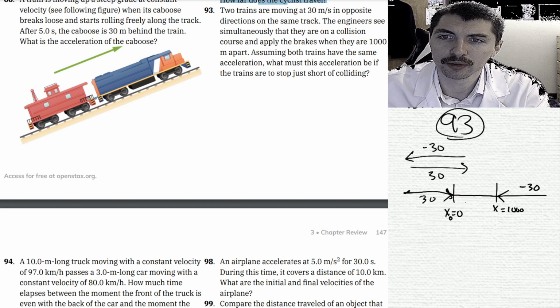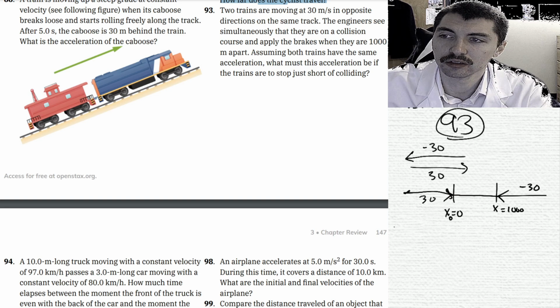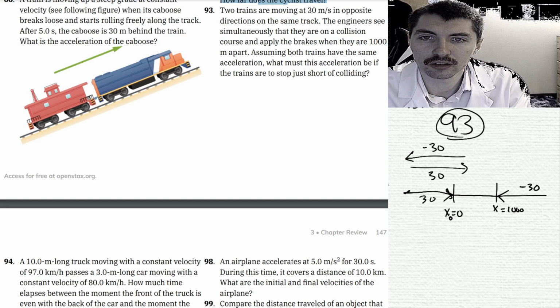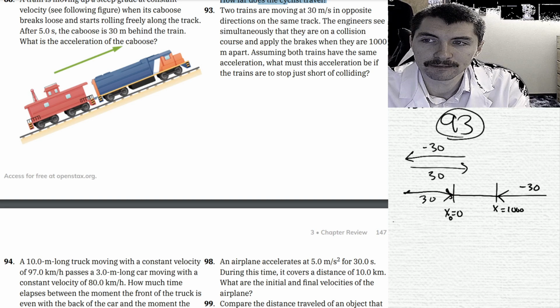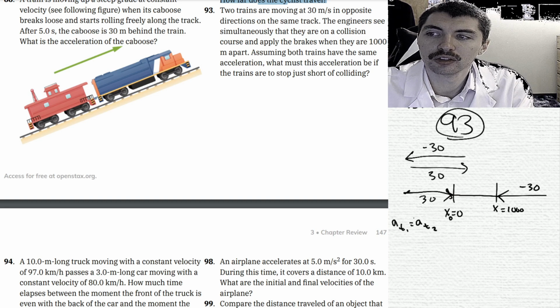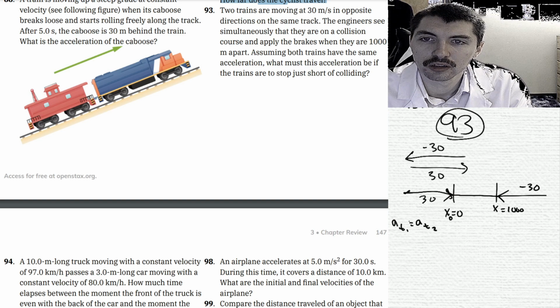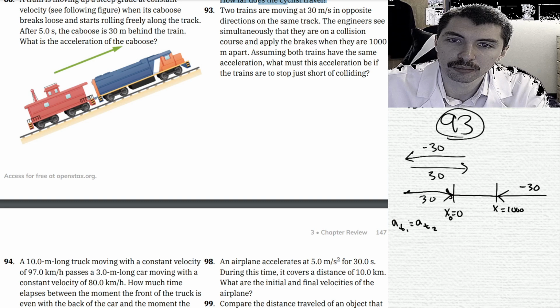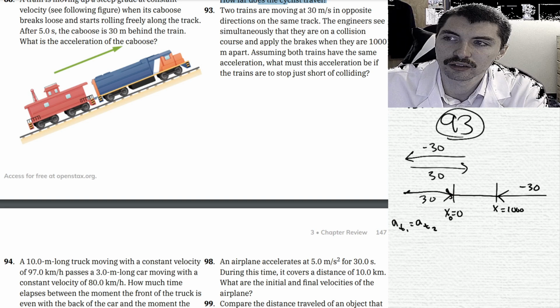Okay, assuming both brakes have the same acceleration. Okay, so the accelerations are A. A of train 1 equals A of train 2. What must this acceleration be if the trains are to stop short of colliding?